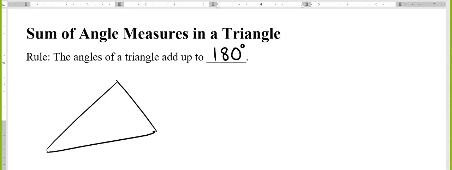So if you have a triangle and you know that this one is x degrees, this one is y degrees, and this one is z degrees, you could write an equation about the angle measures of that triangle. You could say that x plus y plus z equals what? 180. Good.